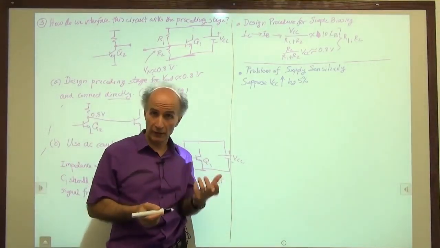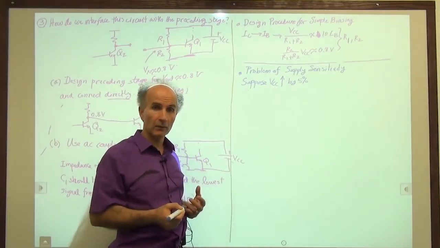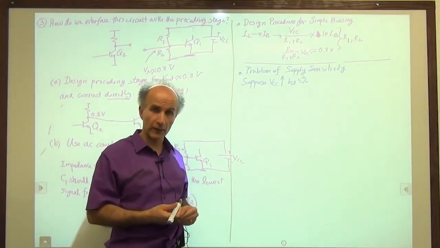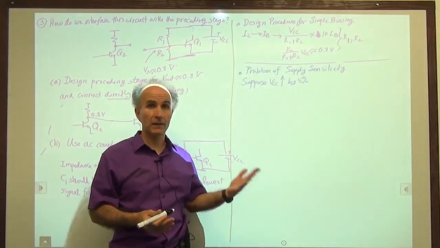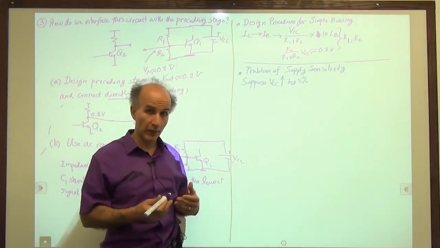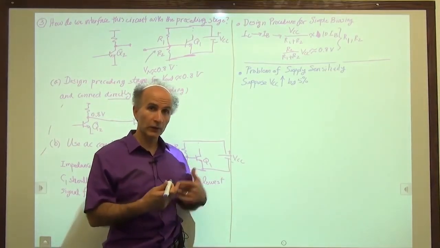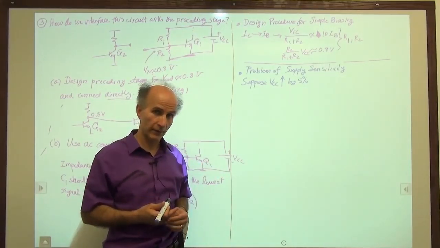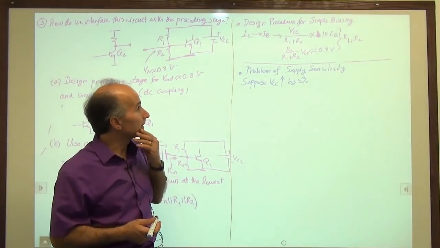Or if you have a voltage regulator that is used to supply a voltage to a circuit, that has some tolerance. Sometimes it's higher than specified, sometimes lower than specified. So we have to be able to run our circuit from somewhat higher, somewhat lower supply voltages. Okay, so VCC goes up by 5%.